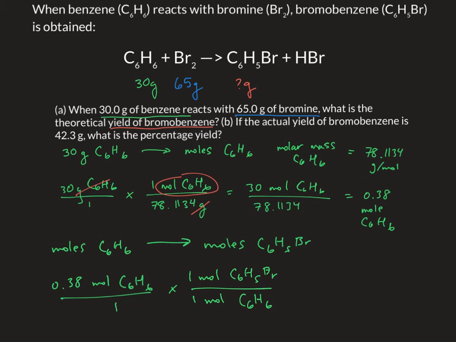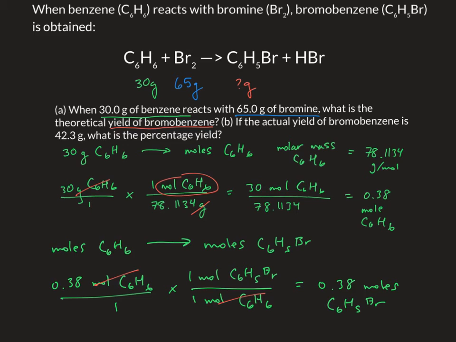Again, we multiply across and then divide. And when we do that, we end up with 0.38 moles of bromobenzene.